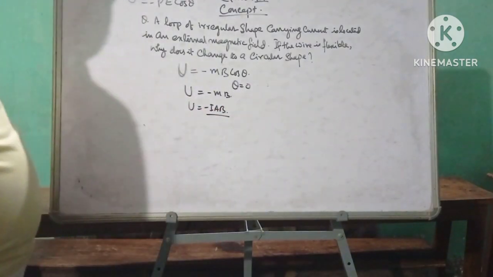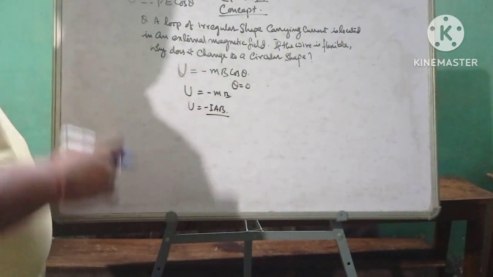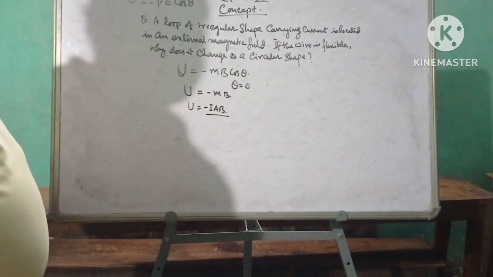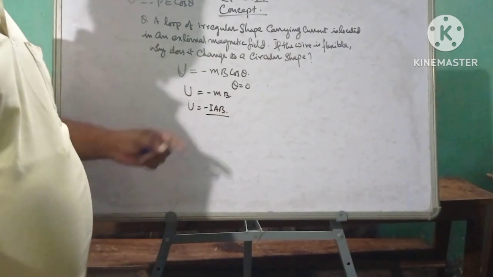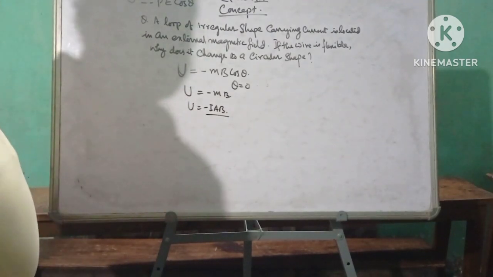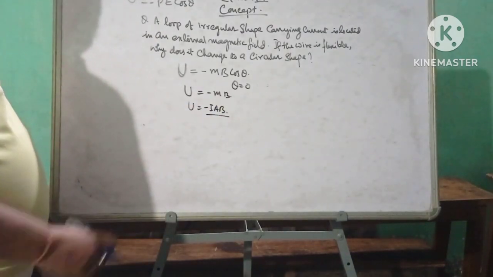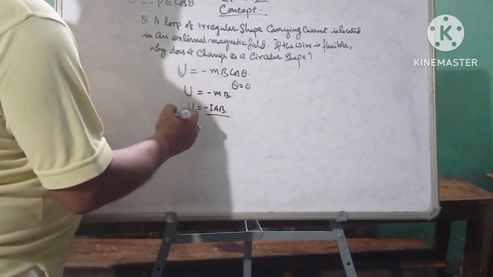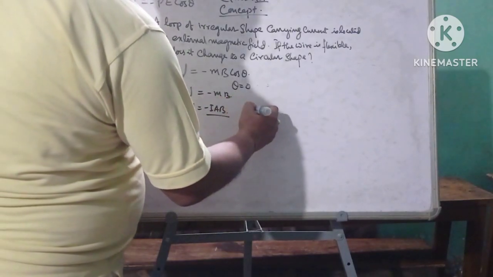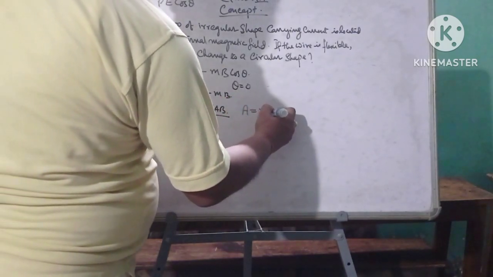So here what happens is that to have minimum potential energy, the area must be maximum.